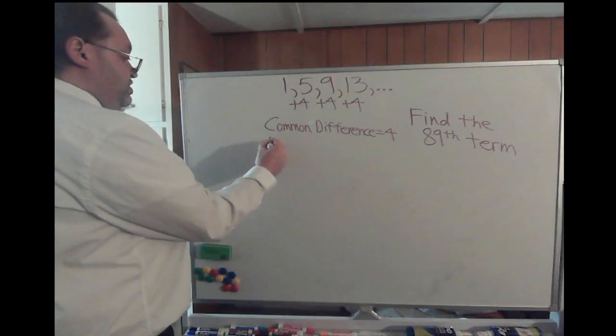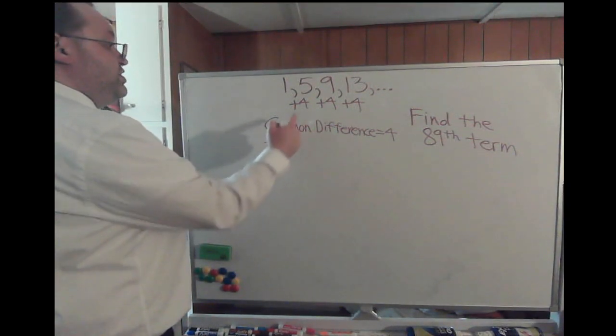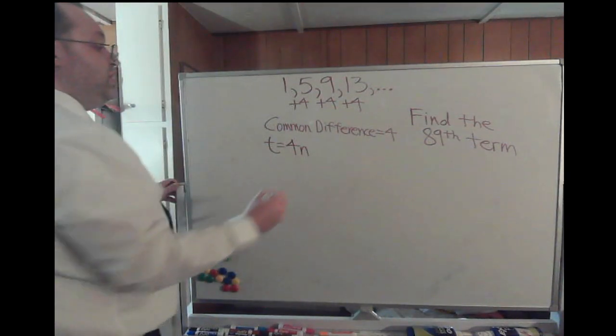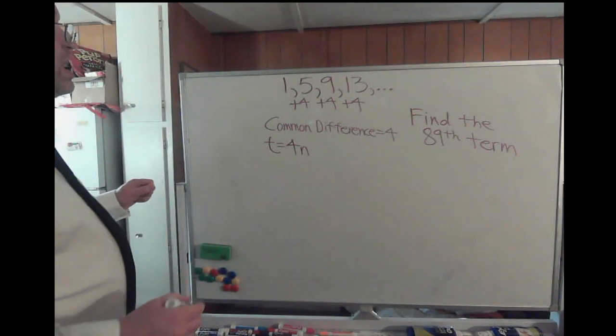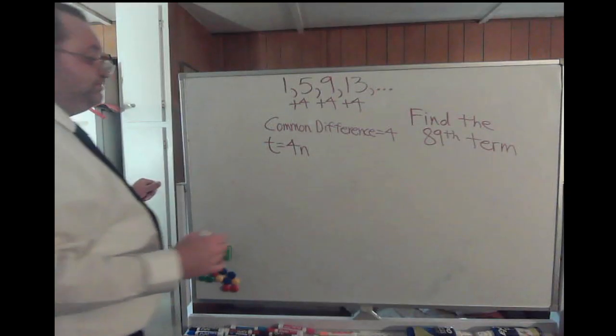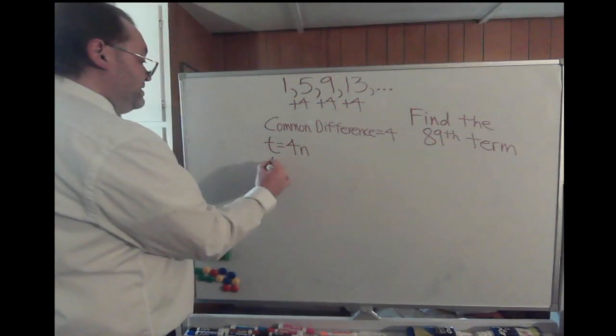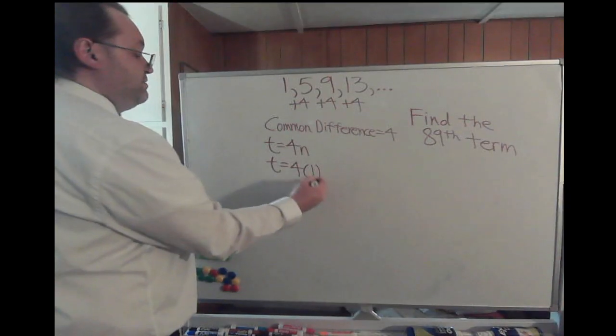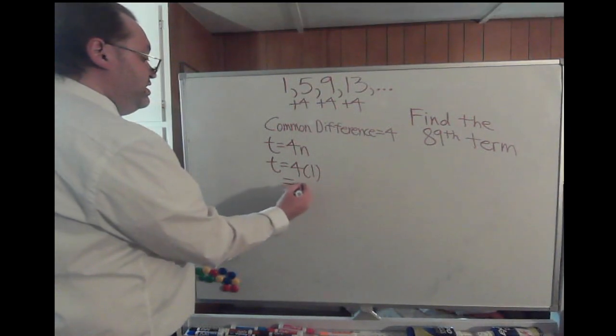To get the term, you're going to do that common difference of 4 times the number of the term you're on. So let's stick in our first term, 4 times 1, for the number of the term. You would get 4.